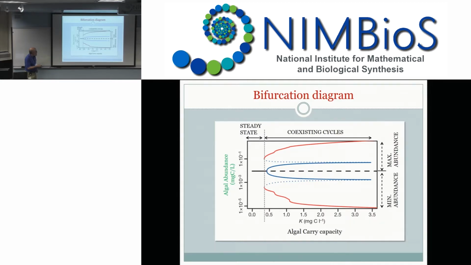From the unstable equilibrium, these blue lines represent the maximum and minimum population biomass for the algae. This represents it for the small amplitude cycles. This represents it for the large amplitude cycles. So you can bring to bear the conventional mathematical tools, for which there's a lot of software and so on, that can help us.